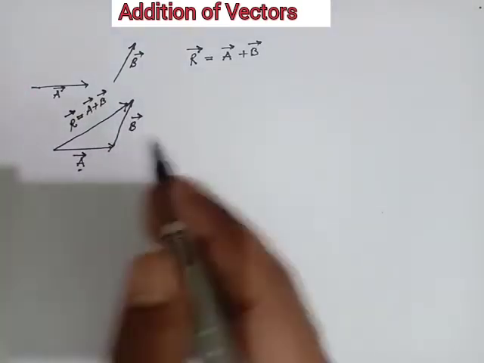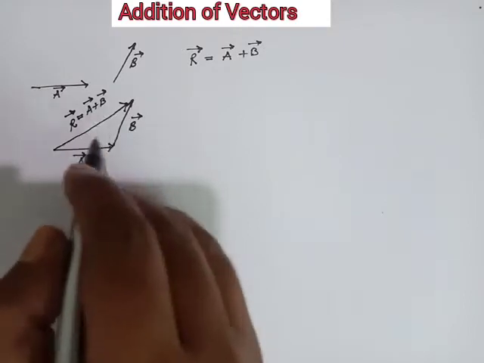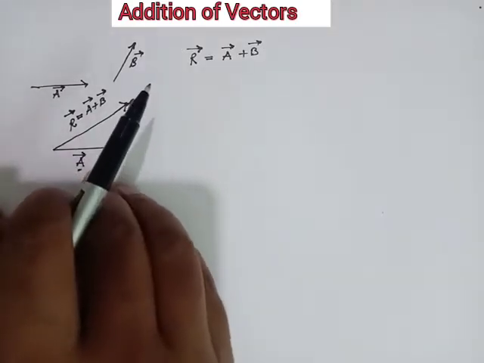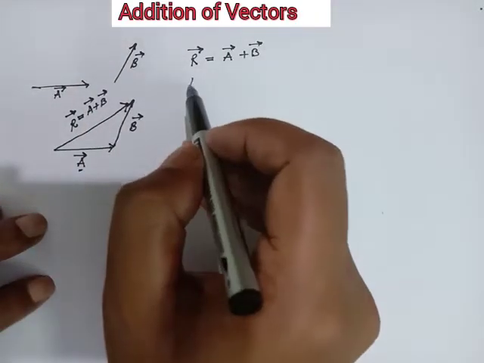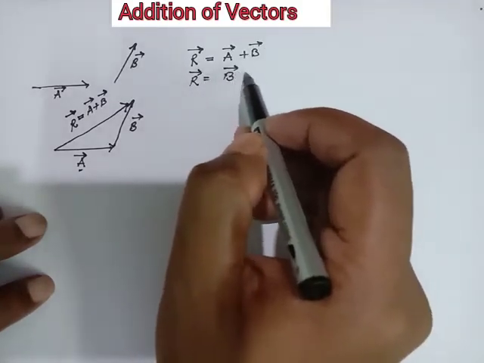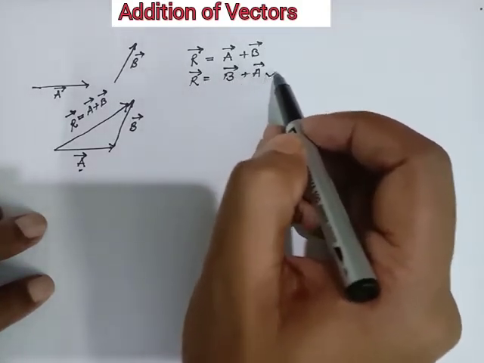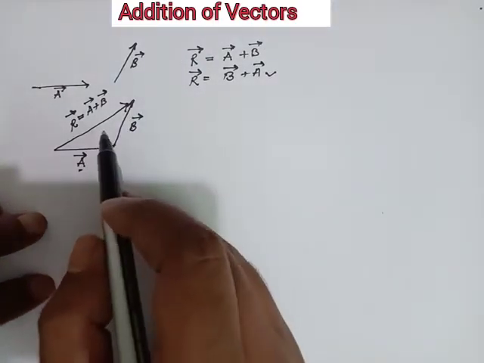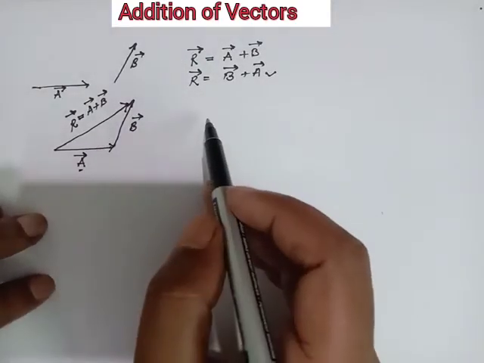If I take another condition, similarly this type of condition only, but we will try to find out not a plus b, but R vector equal to b vector plus a vector. Let us find this out, and what the diagram will look like.